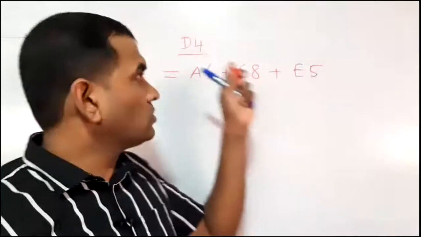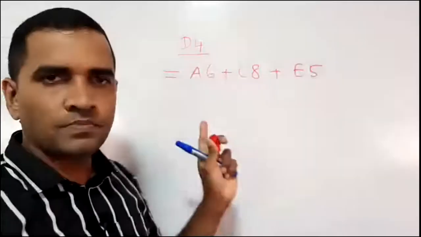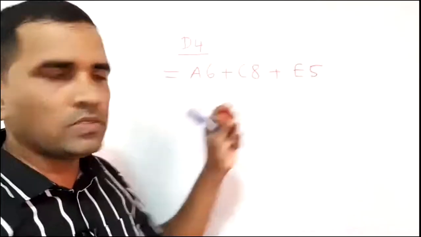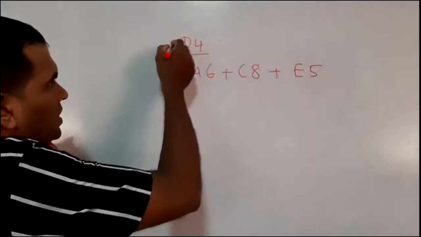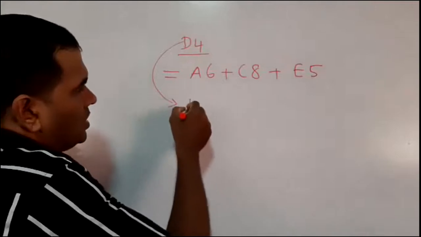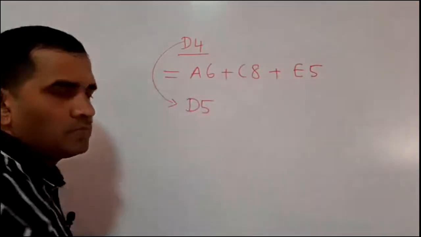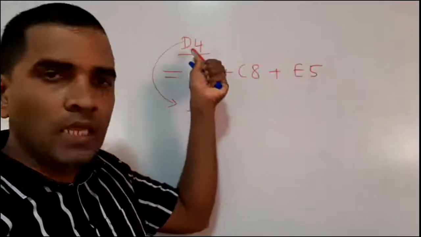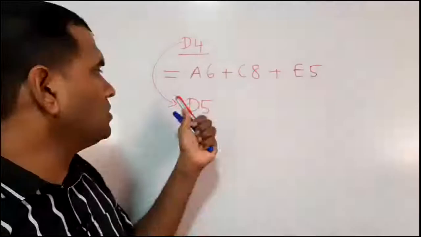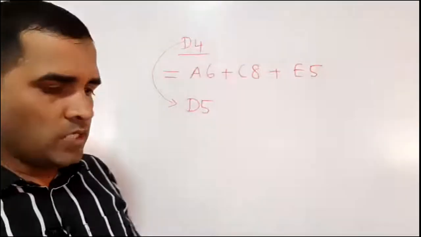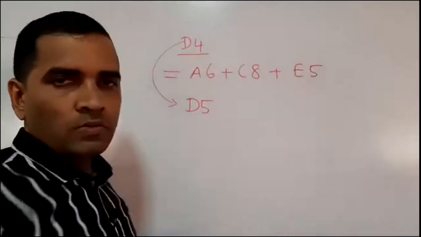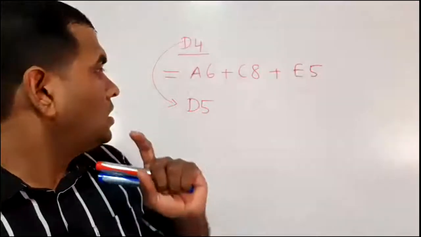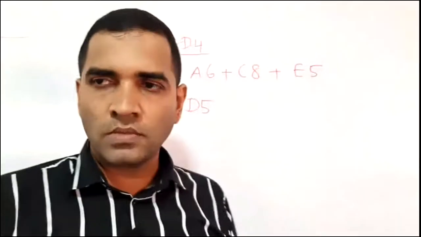Okay. So this is in D4. I have randomly added some cell addresses, right? So this will be copied to D5. Okay. So this formula, which is in D4, will be copied to D5. So tell me what would be in D5 now, right? What is the formula displayed in D5 after it is copied?